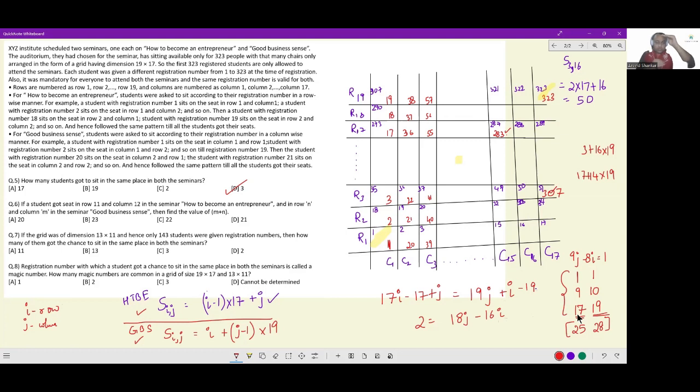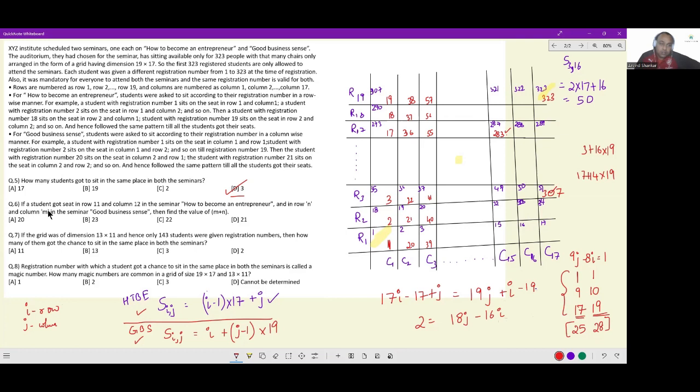For 19 rows, the 10th row is the middle row. The person in between and the persons at the two extremes are the only three people who will have the identical registration number person sitting there. Apart from them, no other person will have the same experience. The answer to the question is 3.